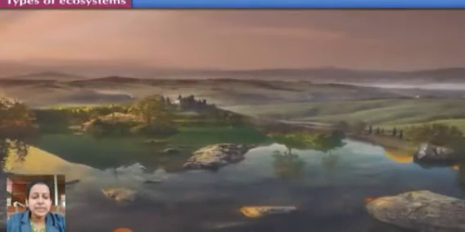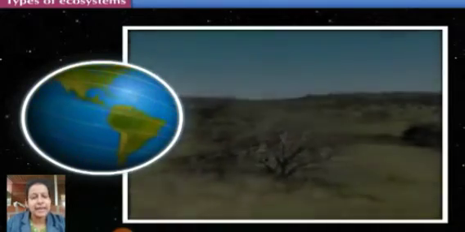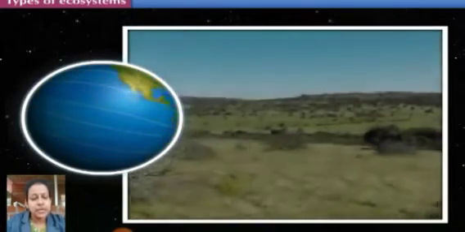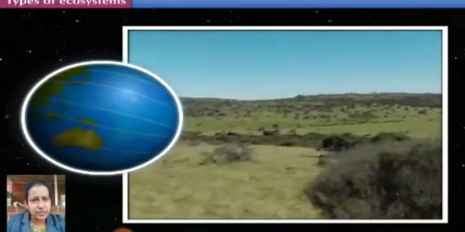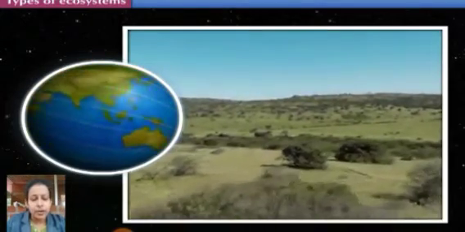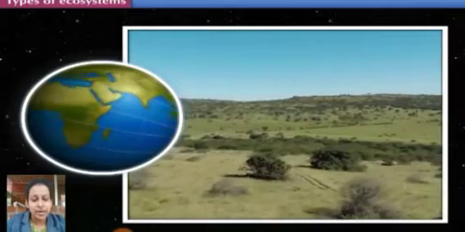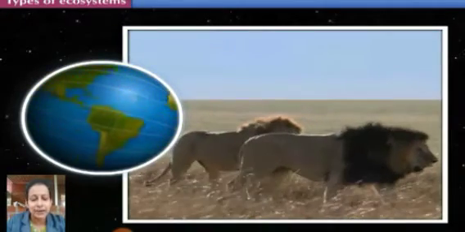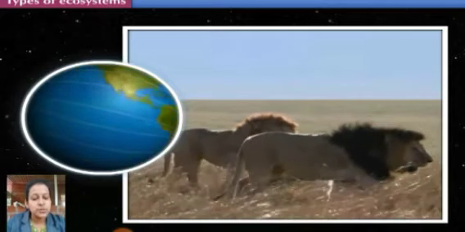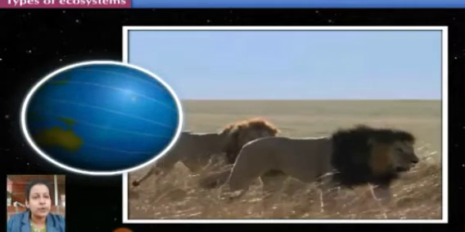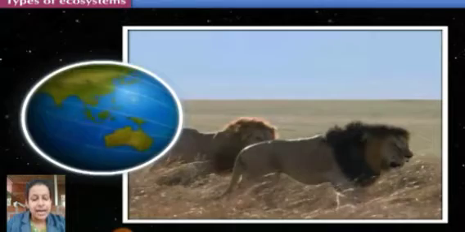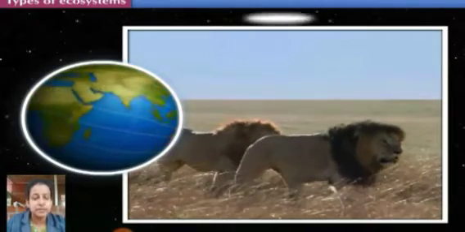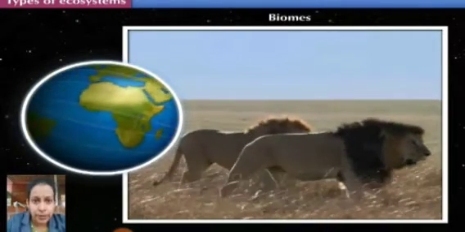Then, in some regions on Earth, a large area has the same climate and abiotic factors. So the living organisms wherever it is are similar, since the climate and abiotic factors are the same, and even the organisms living in those areas are also similar. So, a specific ecosystem will be developing in a vast area, and such large ecosystems are also called biomes.